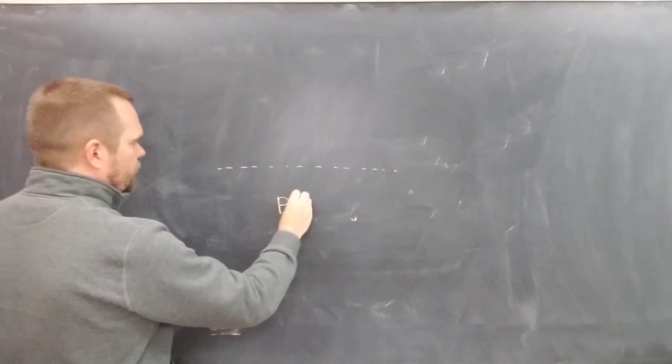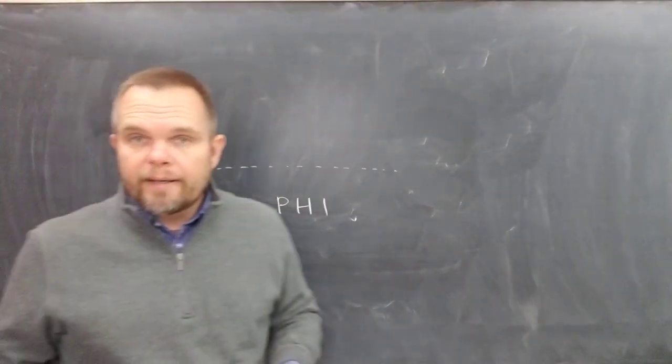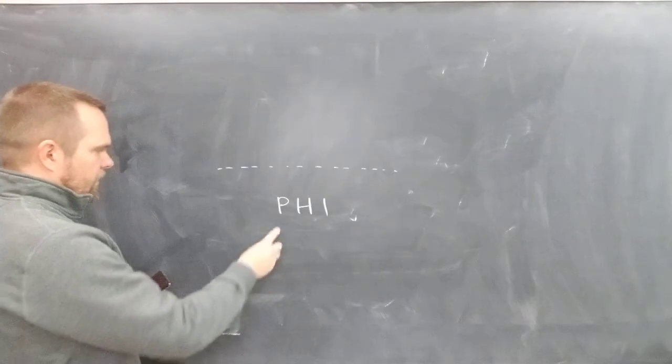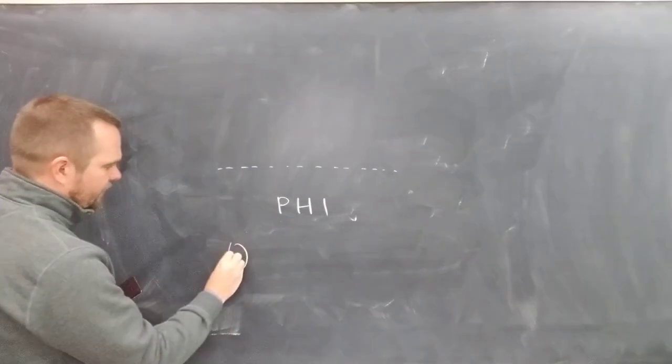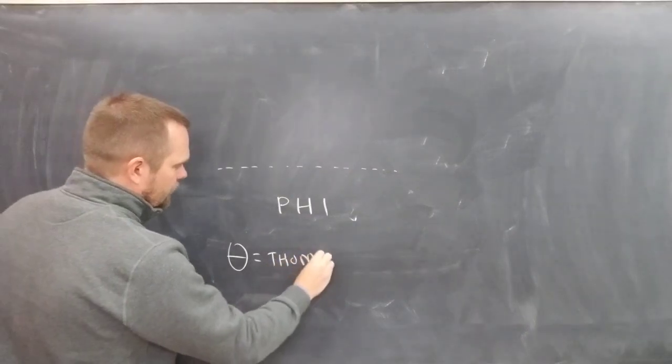Next we have what in English is commonly called Phi, but that's not the proper pronunciation. Before, I showed you with the theta that it's like the TH in Thomas.